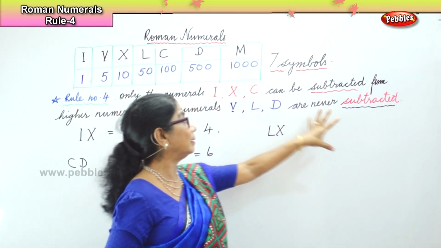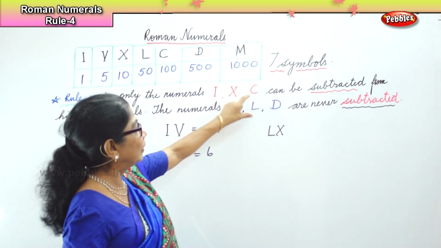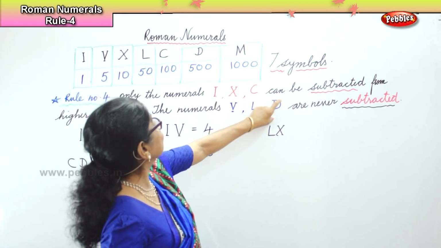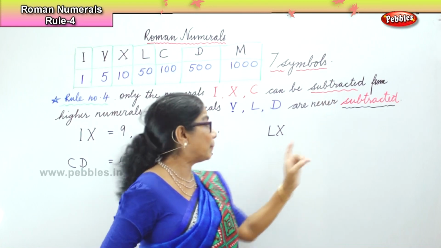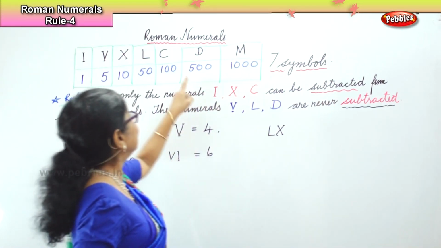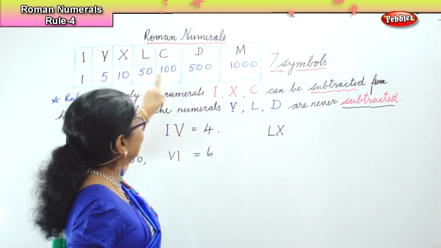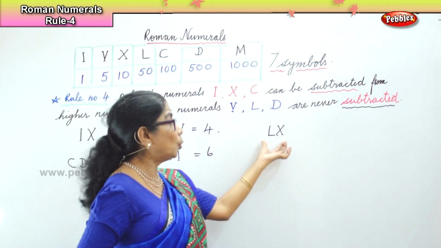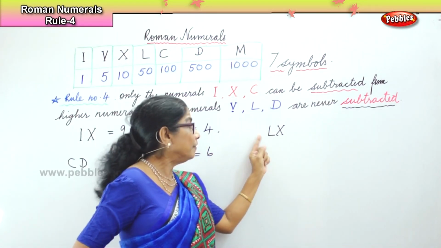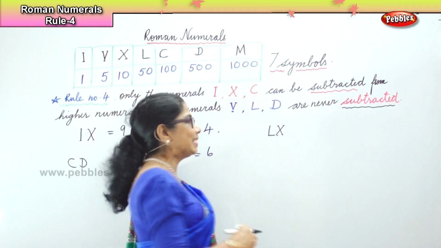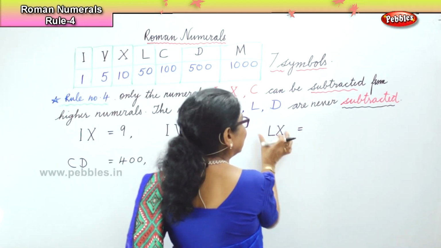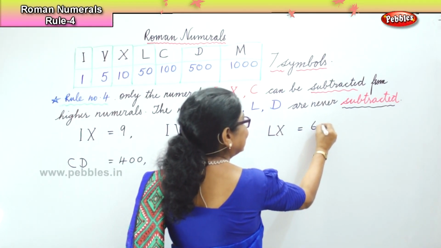So this number is 50 and this is 10. In Roman numerals, we call this 50 plus 10, 60.